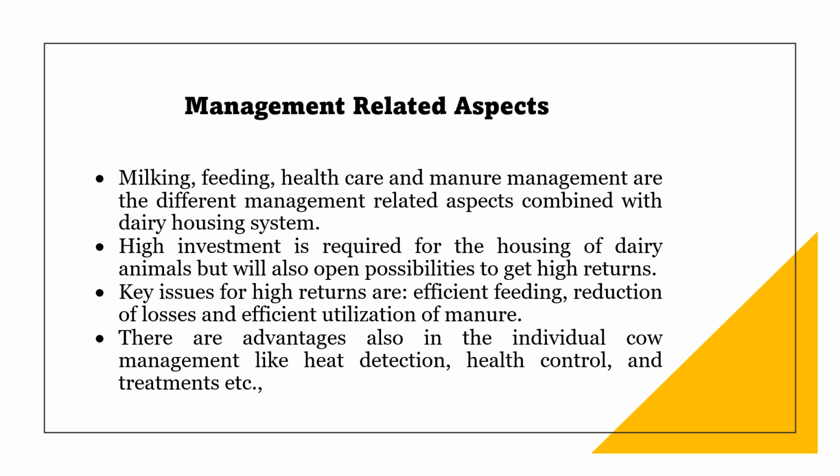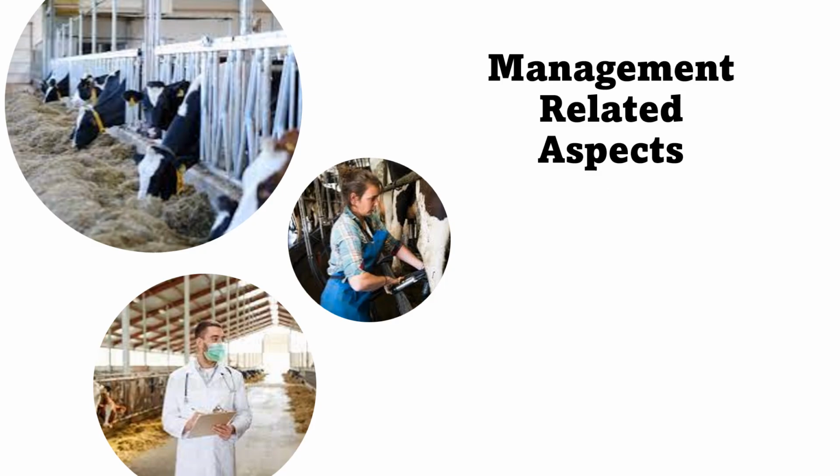Key issues for high returns are efficient feeding, reduction of losses, and efficient utilization of manure. There are advantages also in individual cow management like heat detection, health control, and treatments, etc., in housing of dairy animals. So, in this picture, we can observe the management related aspects like feeding, milking, and health management.